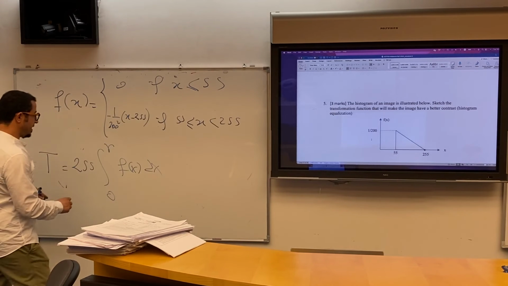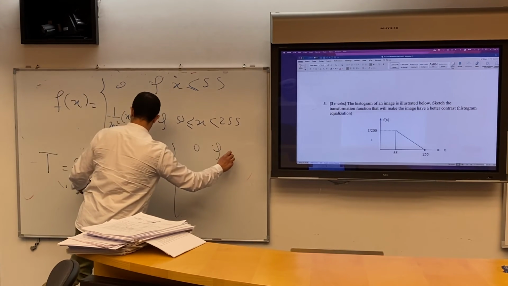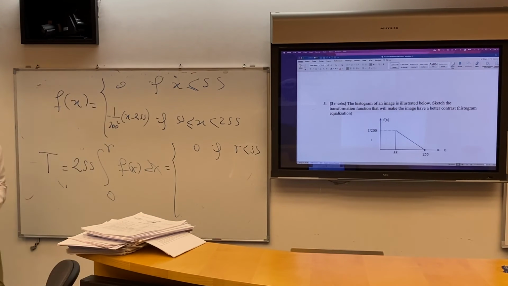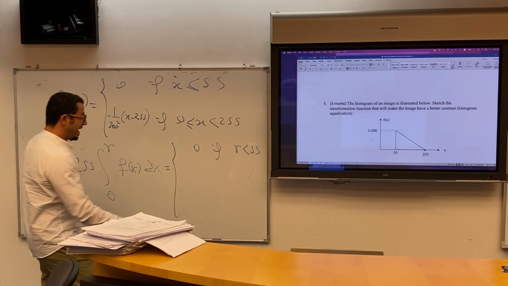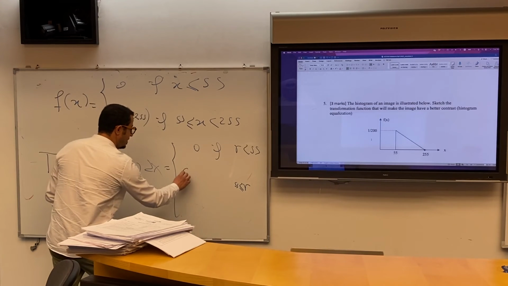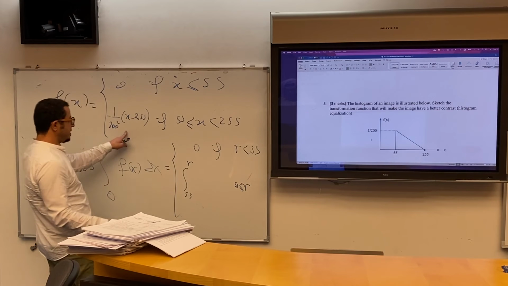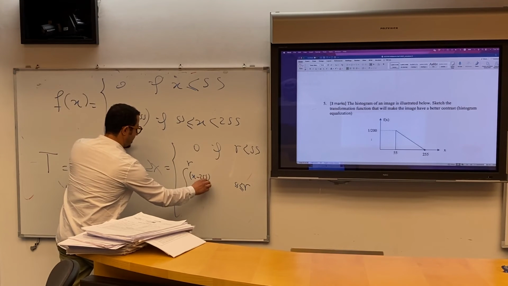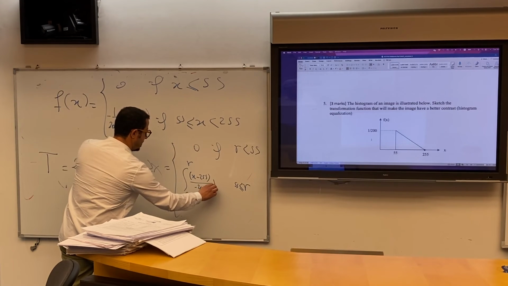So this equals 0 if r is less than 55, because until r there is no area. Now, if r is bigger than 55, what will be the area? From 55 until r, the integral of x minus 255 divided by minus 200 squared dx.